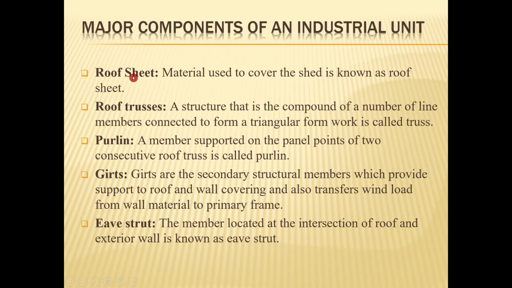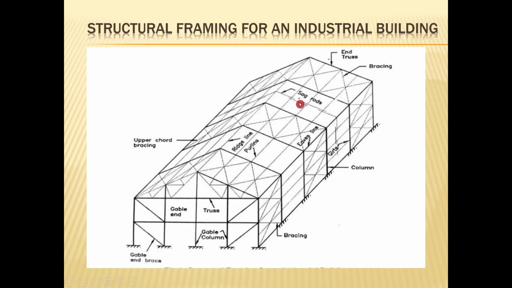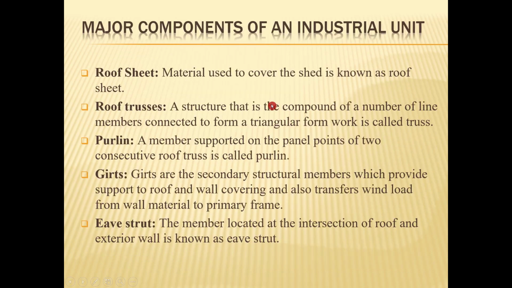So the roof sheet is lying on the roof truss. In reality, the roof sheet is not directly lying on the roof truss. So we have the purlins, which we have seen here, arranged above the trusses. A member supported on the panel points of two consecutive roof trusses is called a purlin. And above the purlin, we place the roof sheet.